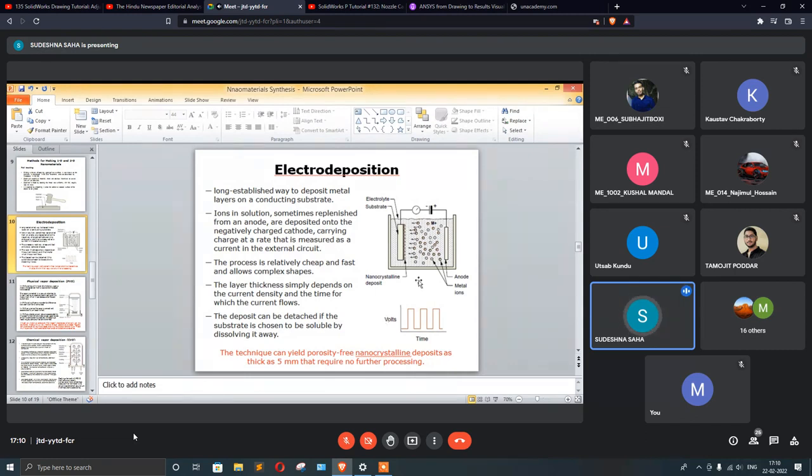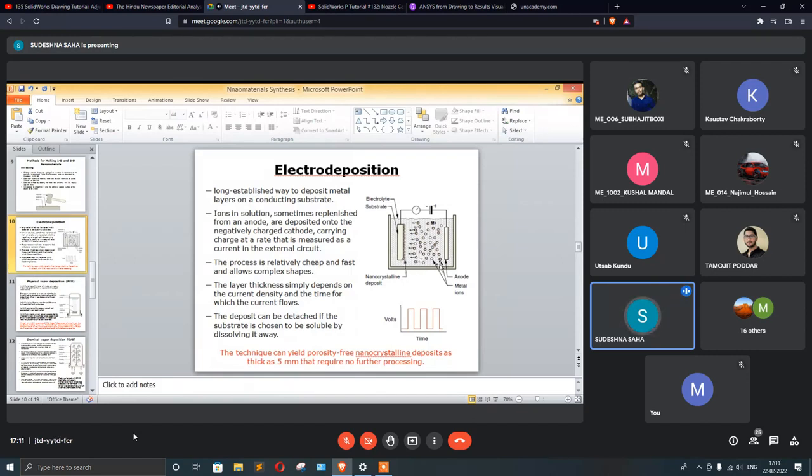If you can go up to the millimeter range with electrodeposition, but this layer is nanocrystalline in nature, mostly, and that's why it actually falls under the category of 1D or 2D nanomaterial preparation.